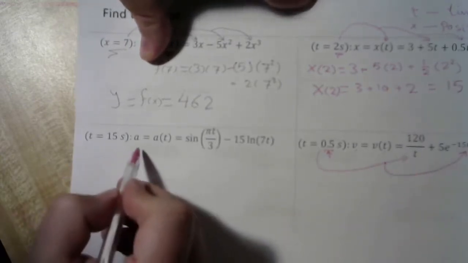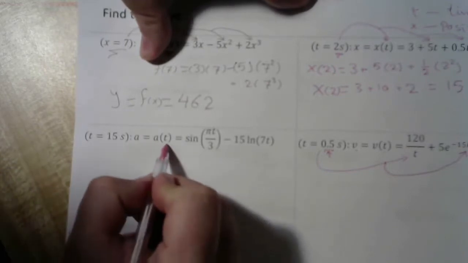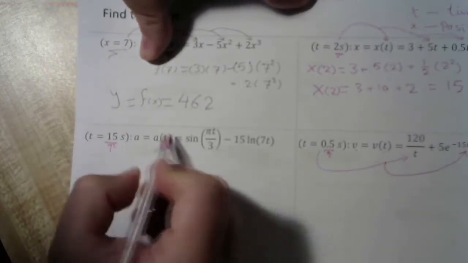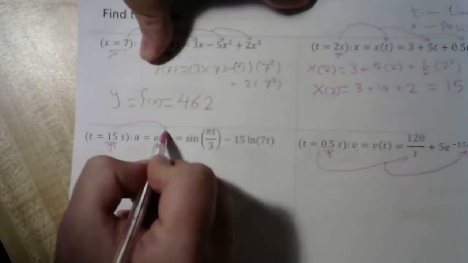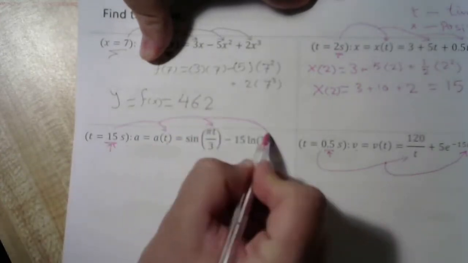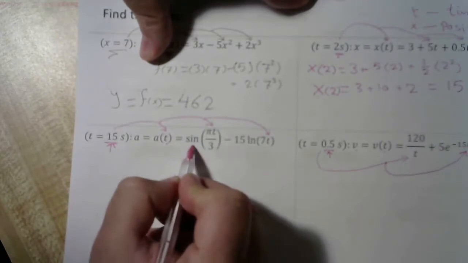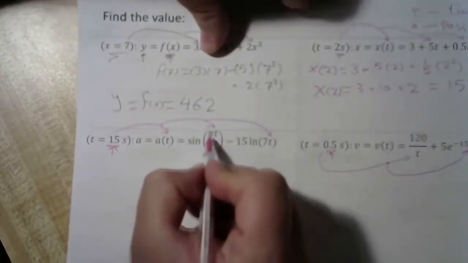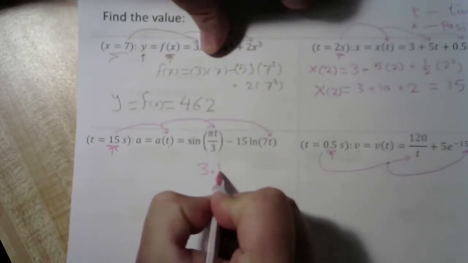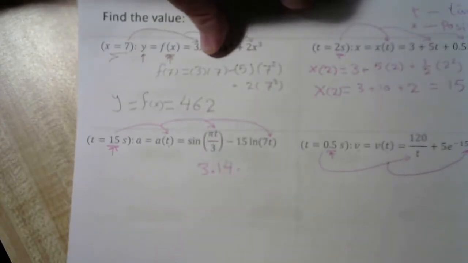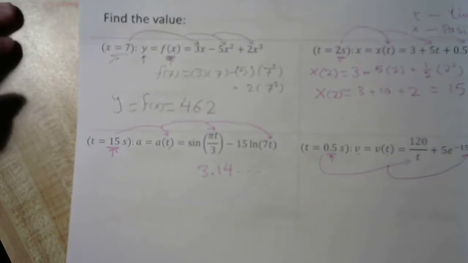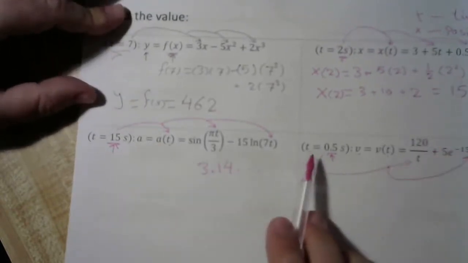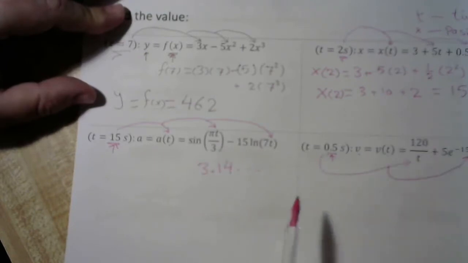Also, I can compute the acceleration at t equal 15. Just put 15 in t each time. This is sine, this is ln, this is pi. Pi in this case is 3.14, something like that. I think it is easy to substitute the value of the time in each function.